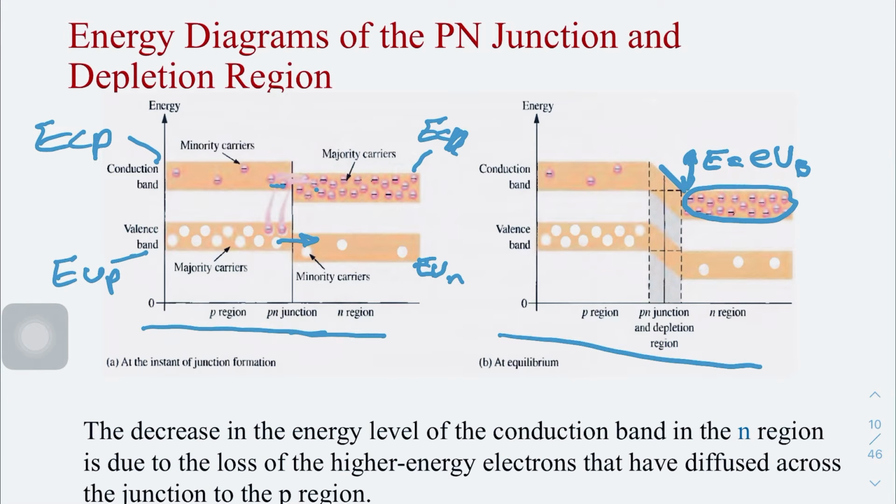And it is also the same for the holes in the valence band of the p side, which need an amount of energy to go to the valence band of the n side.